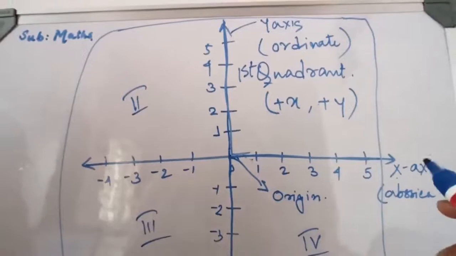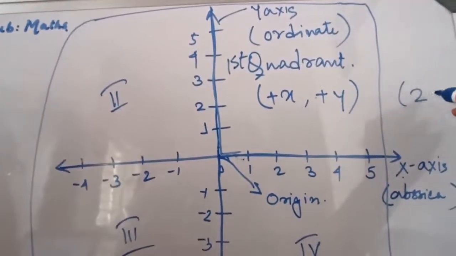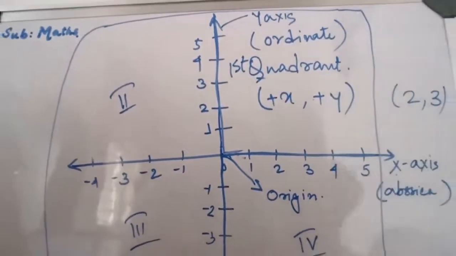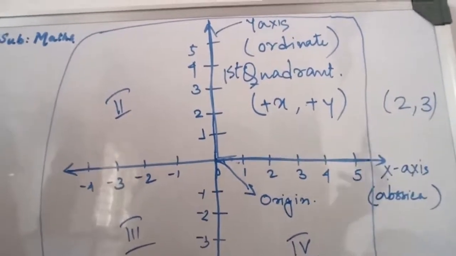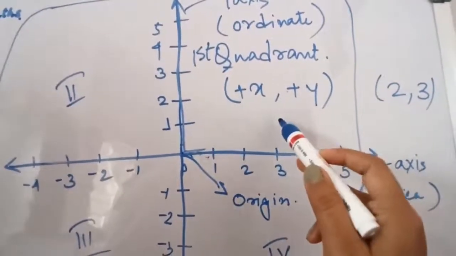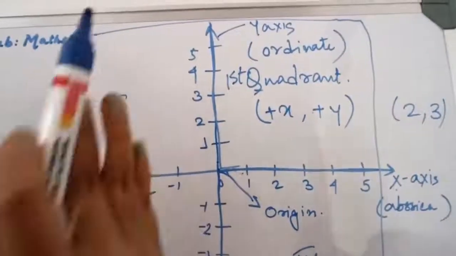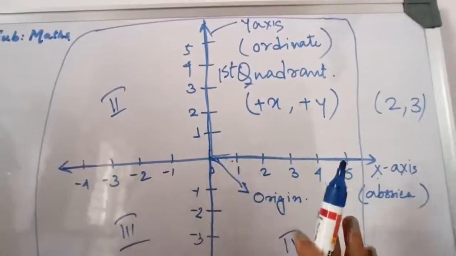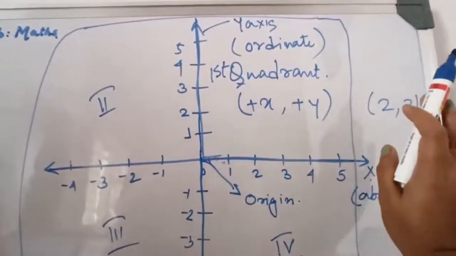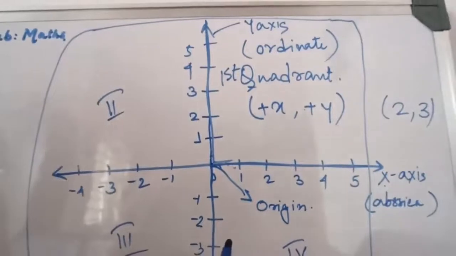Positive x, positive y means what? If you get a point like 2, 3, you will understand that the point will always lie in this portion of the paper. It will not lie in this portion or this portion or this portion. Seeing the coordinates only, you will understand that it will lie in this portion of the paper.